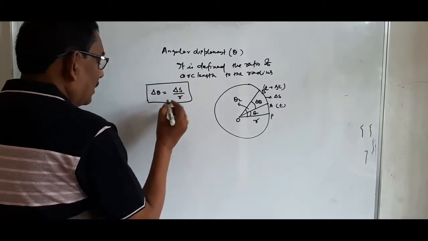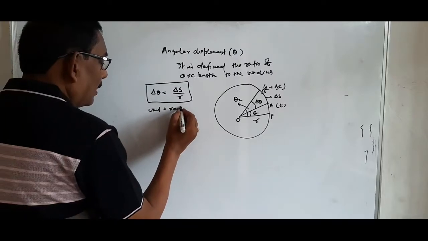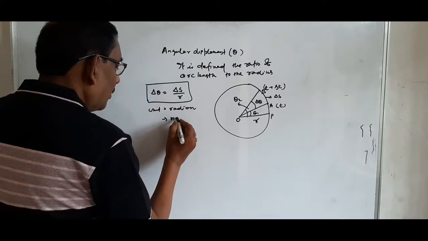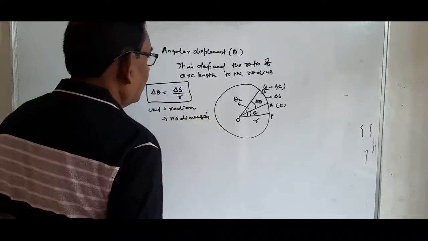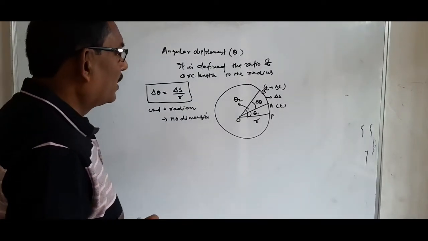It is expressed in the radian unit, having no dimension. So it is defined as the ratio of arc length to the radius.